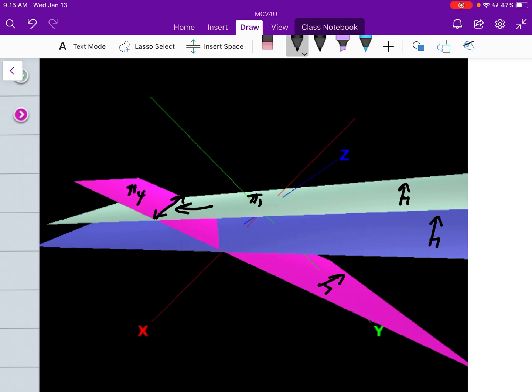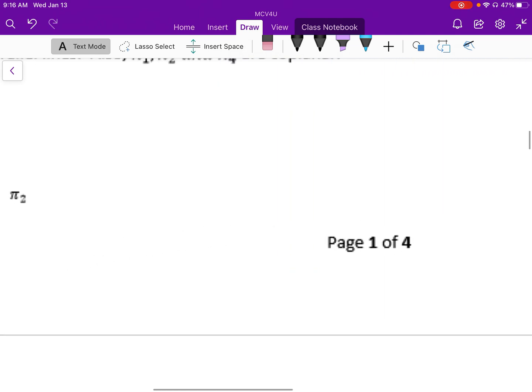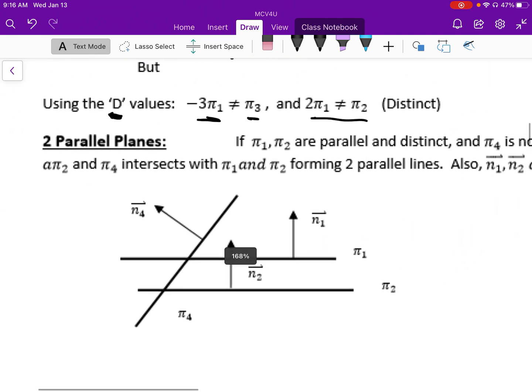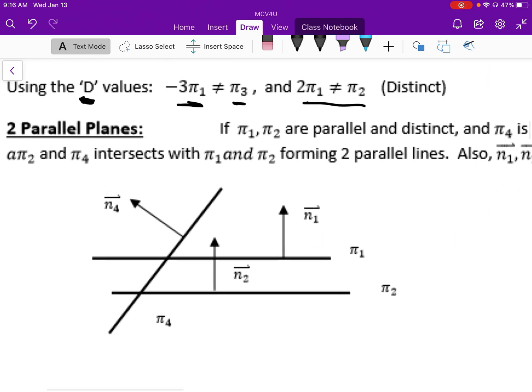And then to find the other, you would use the same strategy between pi 2 and pi 4. So you can try your hand at those, refresh your memory on that strategy. So you've got two parallel planes, and one cut across them.